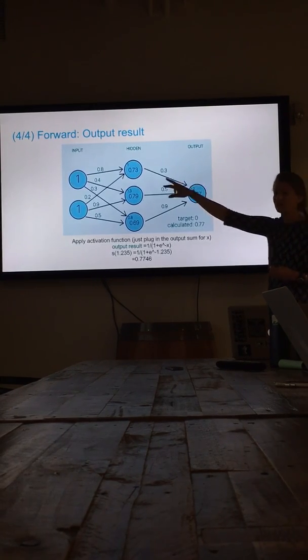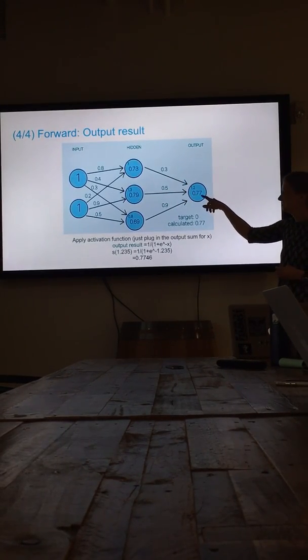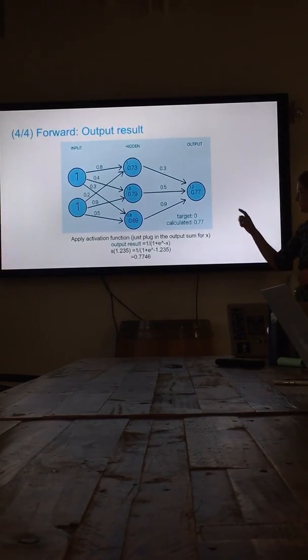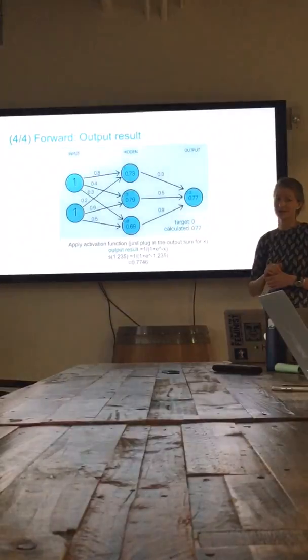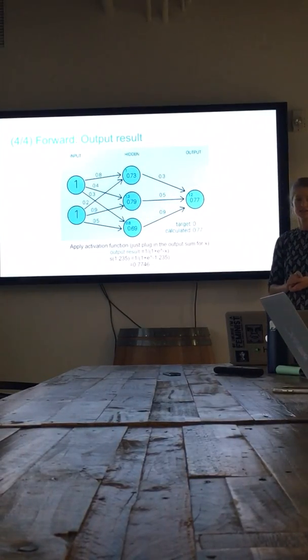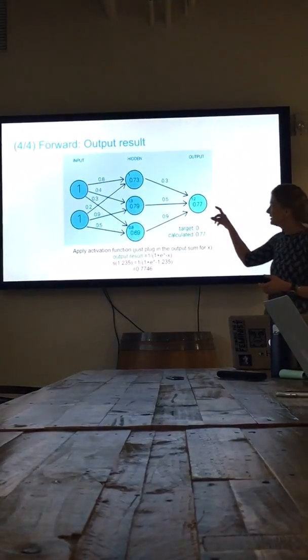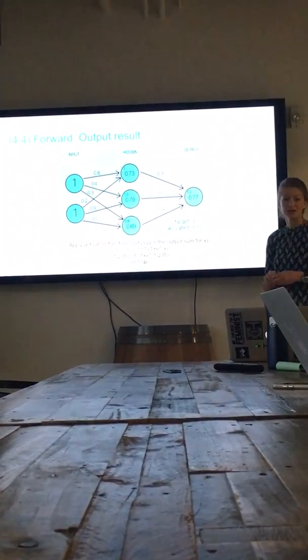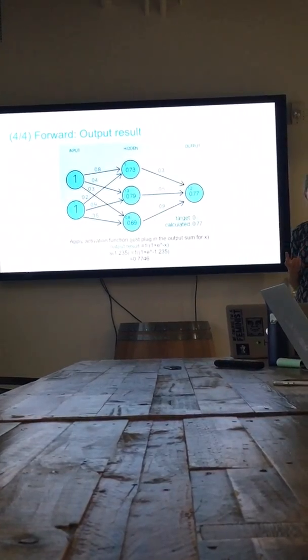So the prediction that we got on our first try is 0.77. You can see that that's not correct, right? We know that the answer should be 0 here. But what's cool is now we know how far off the network is. We can use that number to go backwards and adjust the weights so that they're weighting the inputs in the right way.